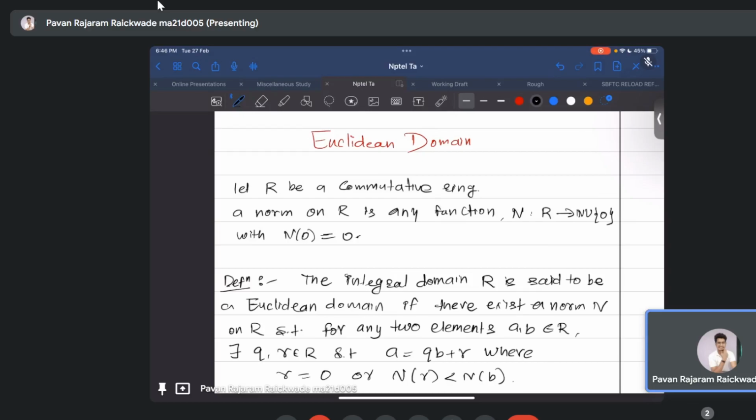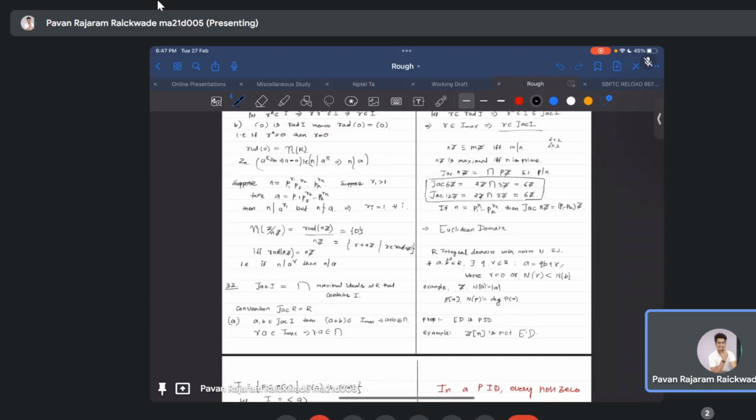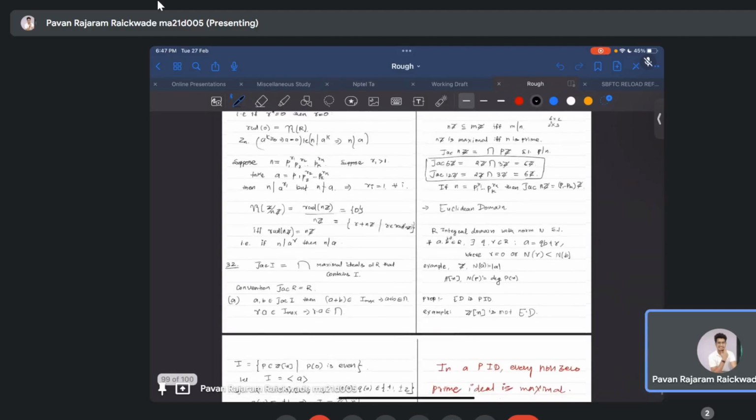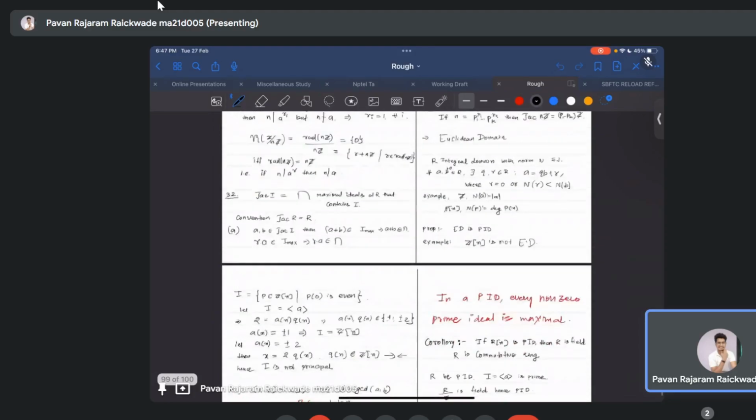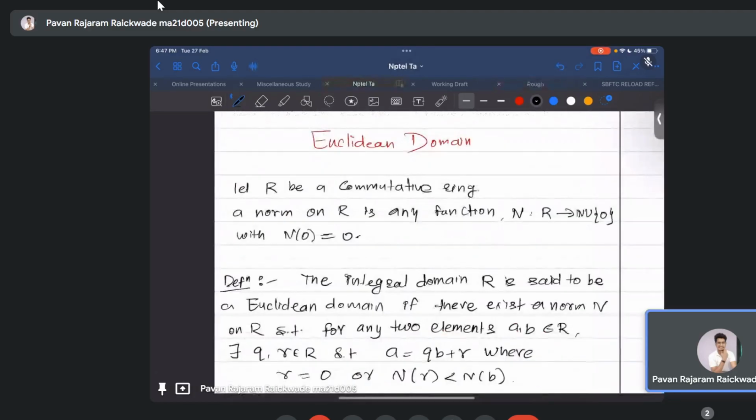So if you have a division structure with a norm associated with it, which relates the remainder R and the divisor B in such a way, then your integral domain R is said to be a Euclidean domain. Okay, so now we'll see some examples.